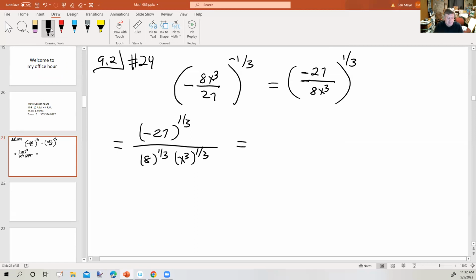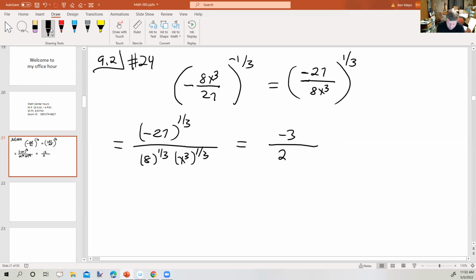Well, -27 to the 1/3 power, that's like the cube root of -27, which would be -3. -3 times -3 times -3 is -27. In the denominator, we've got 8 to the 1/3 power. The cube root of 8 is 2. Then we've got x cubed to the 1/3 power.